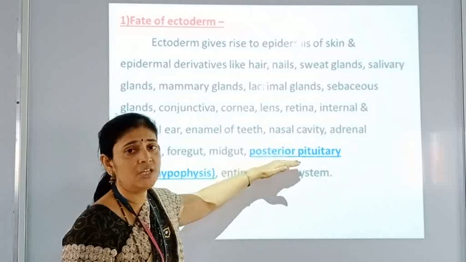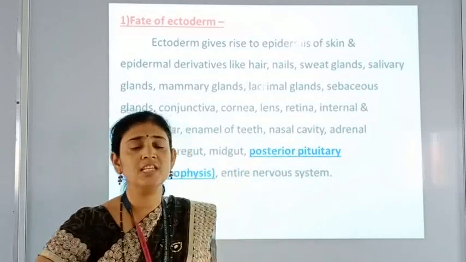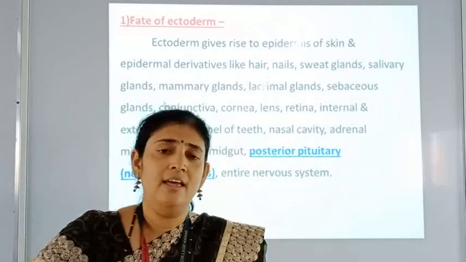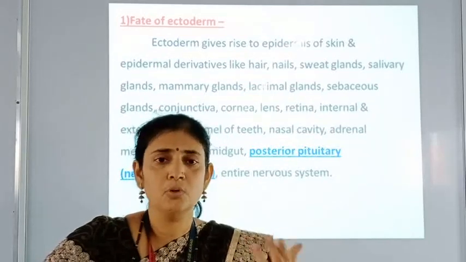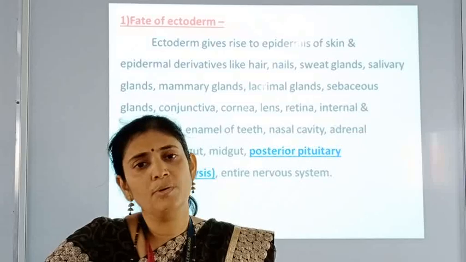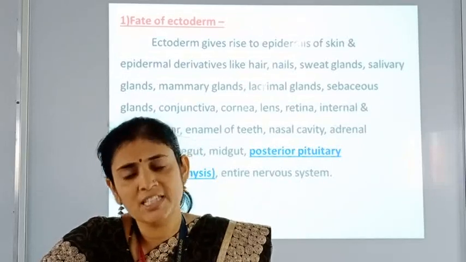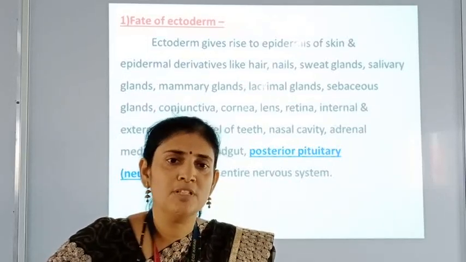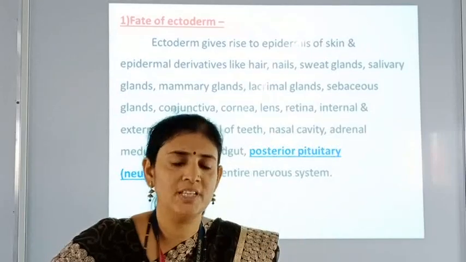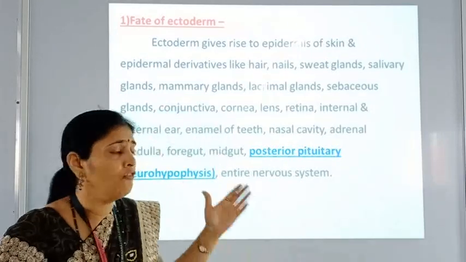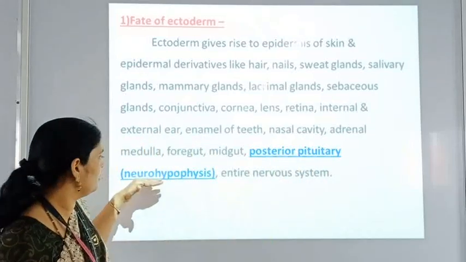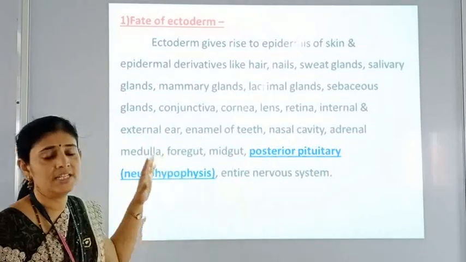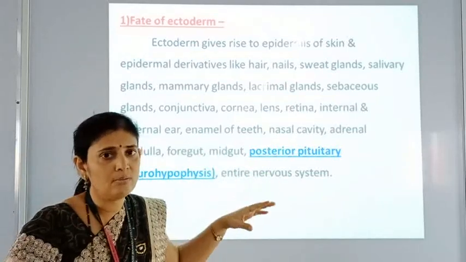And then posterior pituitary, as we have seen the structure of pituitary gland, that pituitary gland is having 2 parts, anterior lobe, posterior lobe. Anterior lobe is called as adenohypophysis and posterior lobe is called as neurohypophysis. Out of that, here from ectoderm, the posterior pituitary lobe, that is neurohypophysis, it is derived from the ectoderm layer.